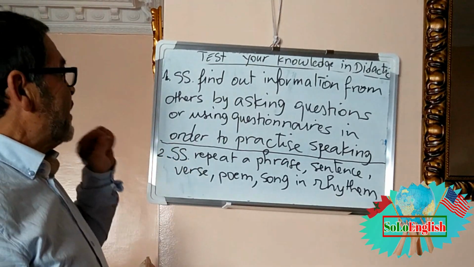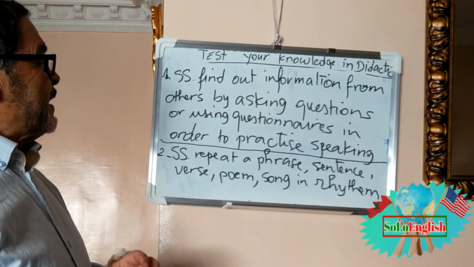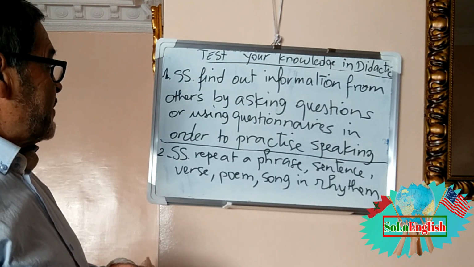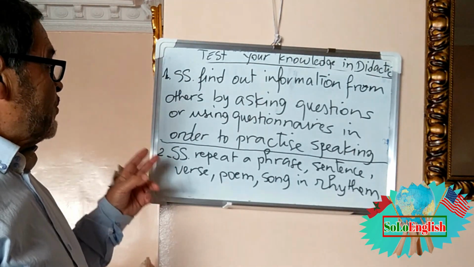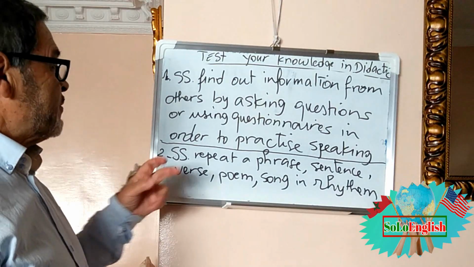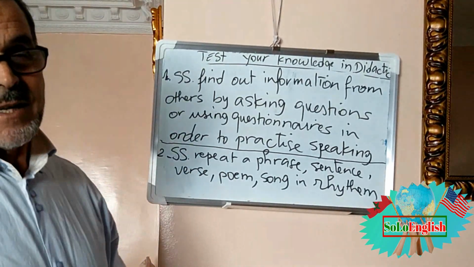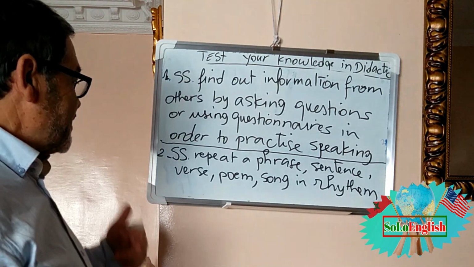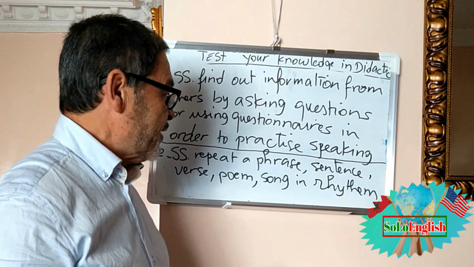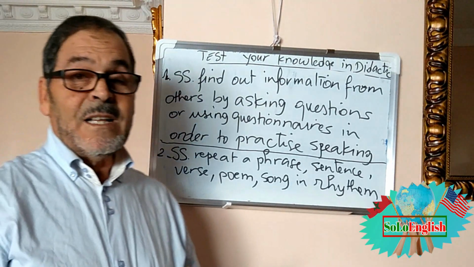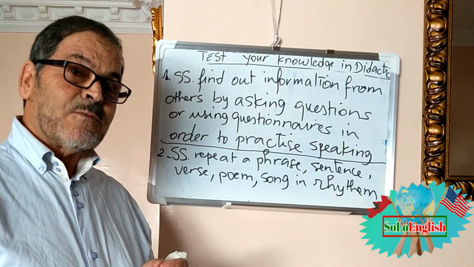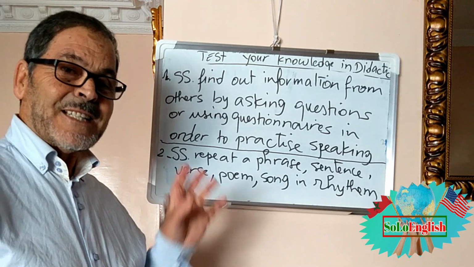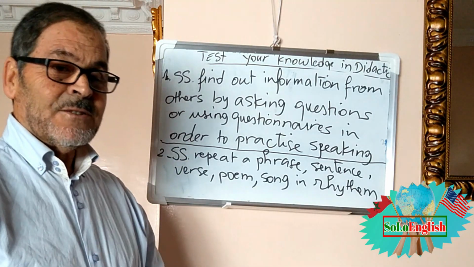Number one: students find out information from others by asking questions or using questionnaires in order to practice speaking. Second one: students repeat a phrase, sentence, verse, poem, song in rhythm. Well, in these two sentences, the answer is clear. There is a clue.